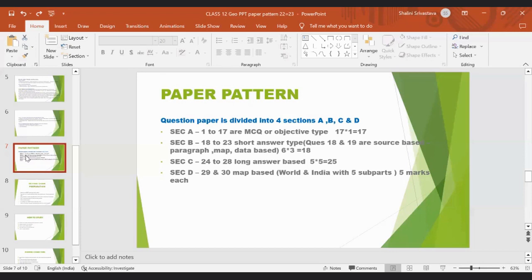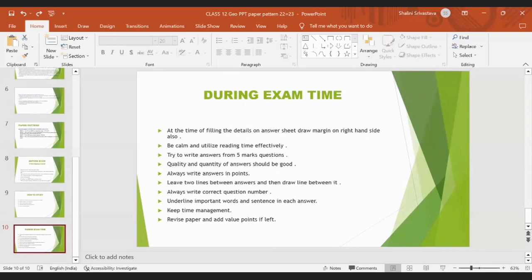On the world map, you have to identify the places as the questions are given. And on India's map, you have to locate any 5. So it has 5 subparts each, world as well as India. So 5 marks each.